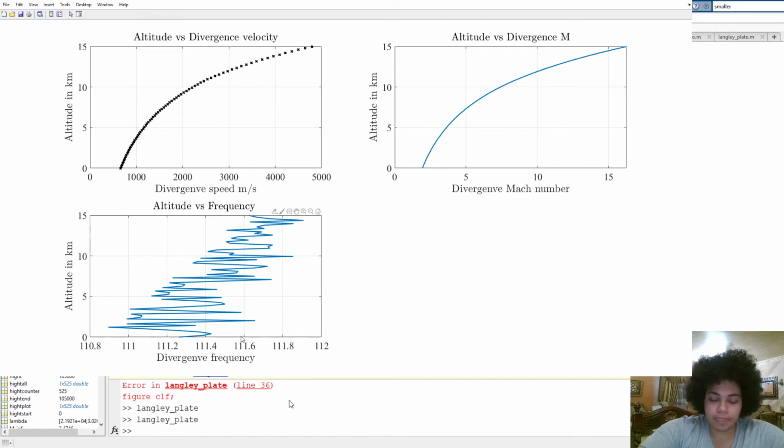So our code is good and matches the result, but it explodes at high altitudes. We think that this is because our model is not effective at high altitudes, because the flow physics is inherently different.